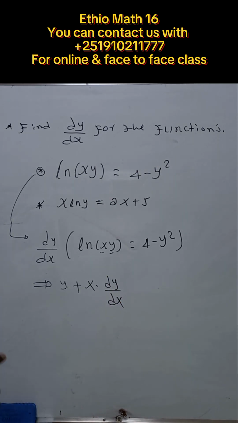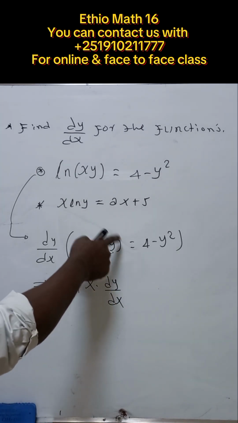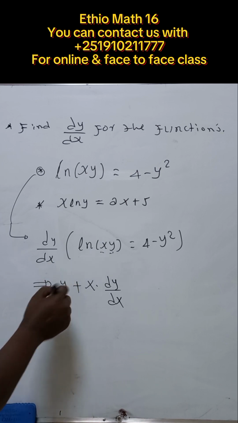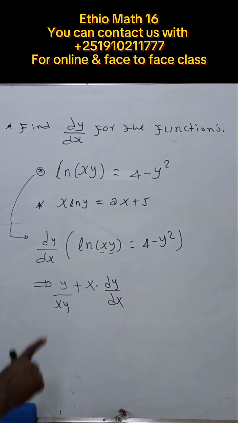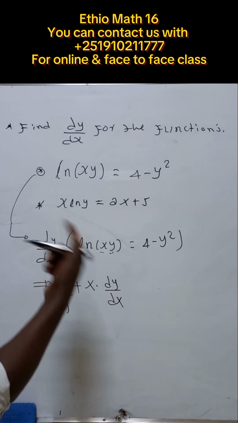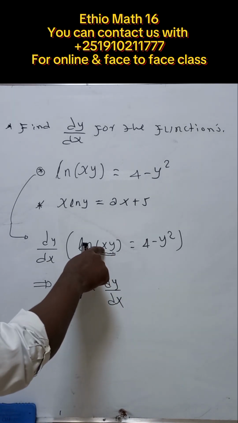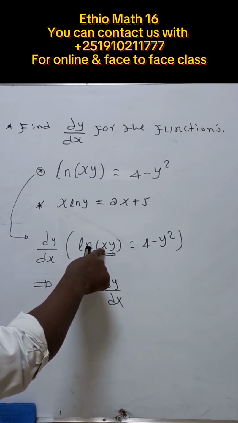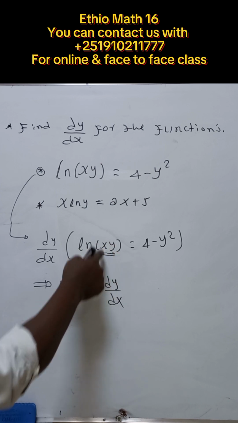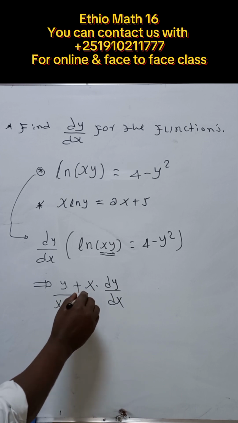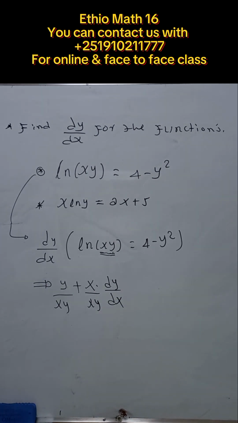Don't forget that the derivative of the whole ln problem will be this over the function itself, that is xy. Now we take the derivative of ln(xy) with respect to x, considering y as a constant: it will be y over xy. Similarly, considering x as a constant, the derivative will be x dy/dx over xy.